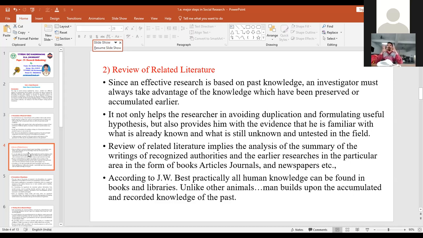So it is accumulated and recorded knowledge of the past of human beings. That is why each and every research must have the review of literature. Then only the researcher can understand in depth the particular study or a particular problem.